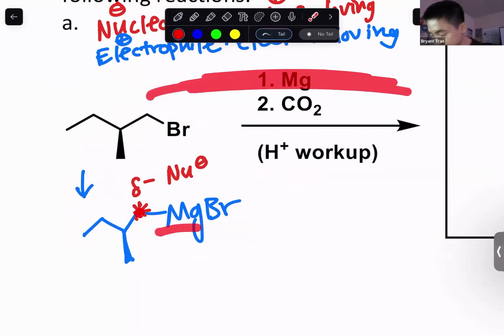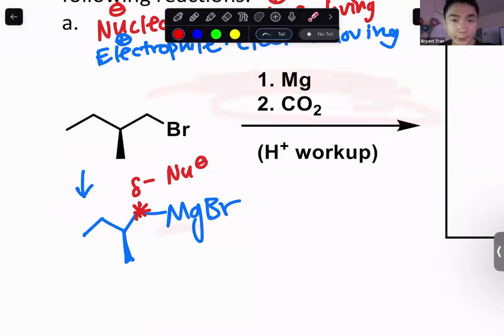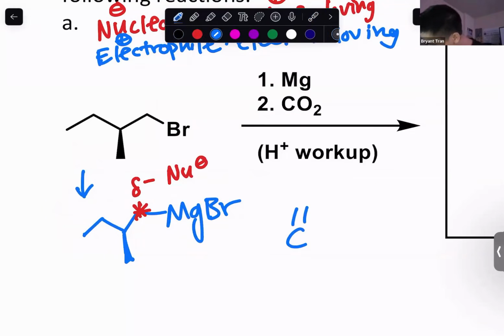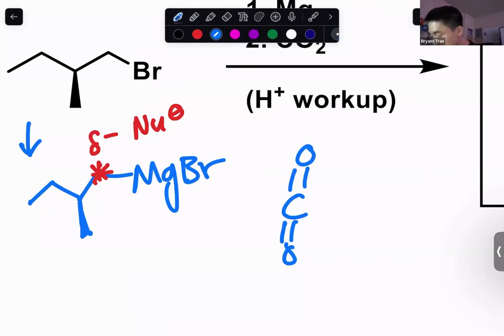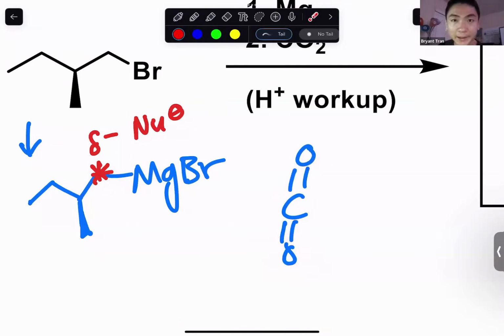That's the end of the first step. We're done with the first step. Now we're bringing in the second step, which is CO2, carbon dioxide. I'm going to draw out the CO2 in its Lewis structure form over here. Notice how this carbon is attached to two electronegative oxygen atoms.